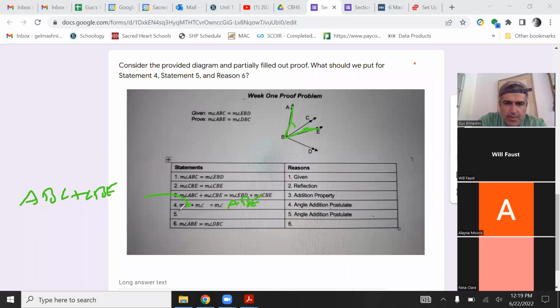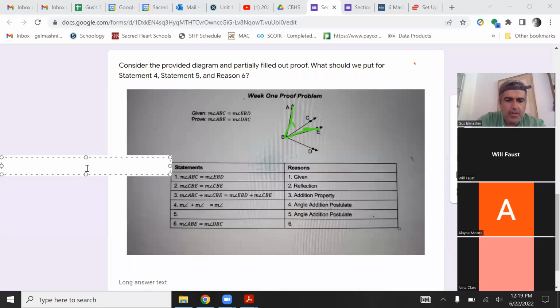And then if I can say CBE, maybe this is a text box, it'll be much easier. I'll put it off to the side here. So for 4, angle ABC plus angle CBE equals angle ABE.